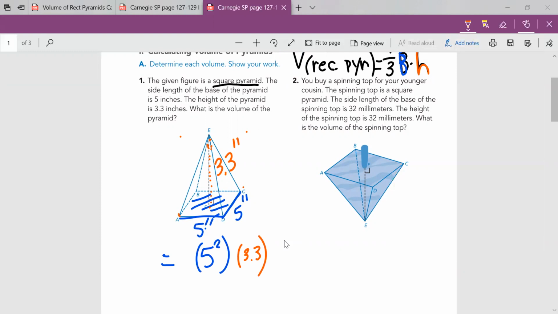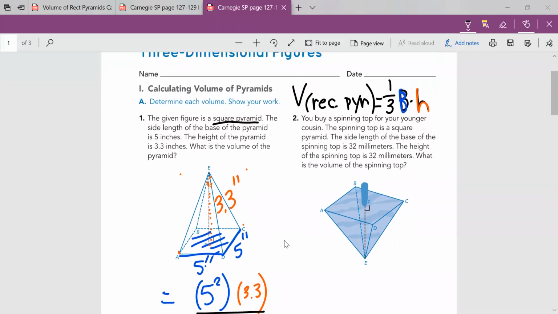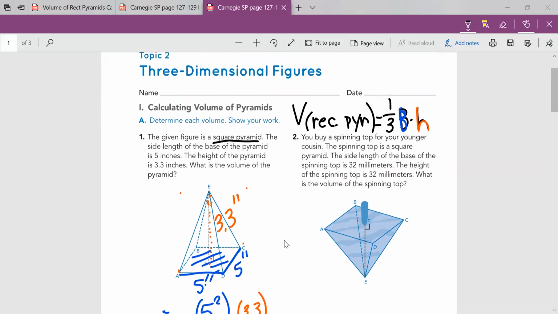And then we are going to divide that by 3, which is the same as multiplying by 1/3, or you could write it as dividing by 3. I like to divide by 3 last, so I'm going to put that here. But again, you can see the equation for volume of rectangular pyramid written as 1/3 capital B times H, where the capital B is the area of the base.